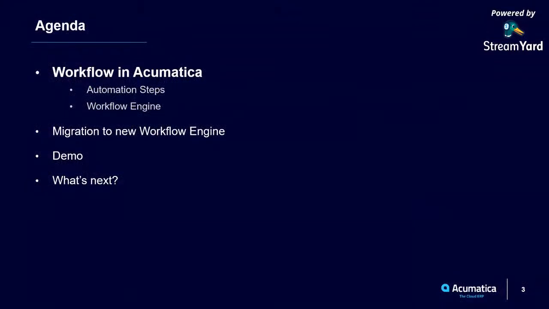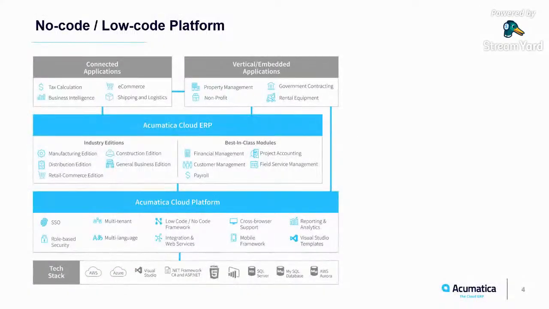Basically talking about the old automation steps and then moving to the new workflow engine, talking about how to migrate from one to the other. It's very important. Doing a quick demo of what's capable and what's there. Steven's going to do that. And then I'm going to come back and we're going to talk about what's coming up in the future, what types of things you can expect to see from the workflow engine.